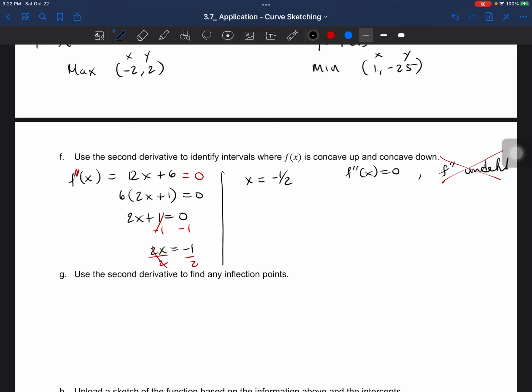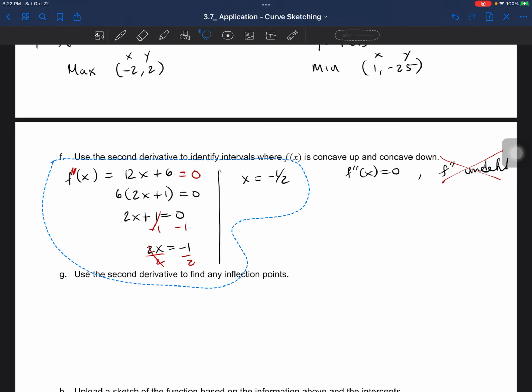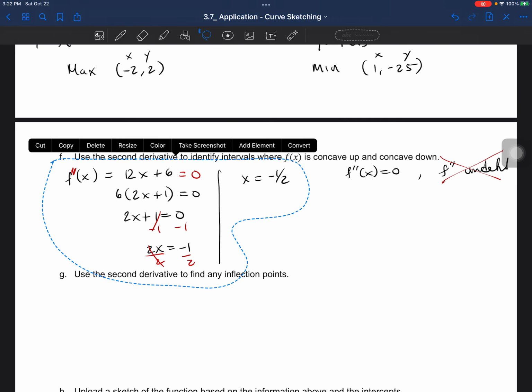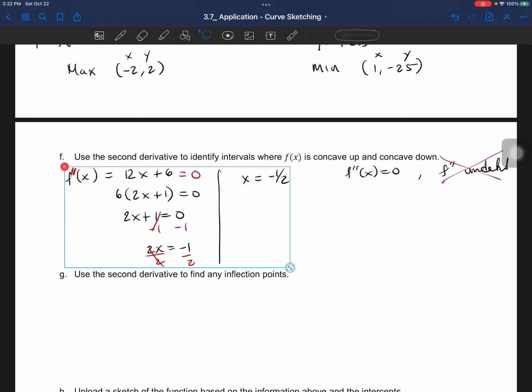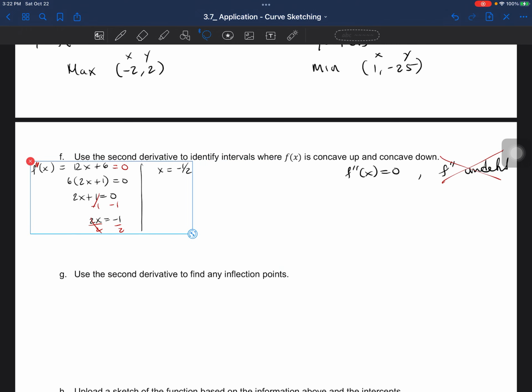All right, so we have our number, and we're going to use this to create the number line. I may not have enough space here, so let's see if I can minimize some of my notes. All right, and then move this here. There you go.